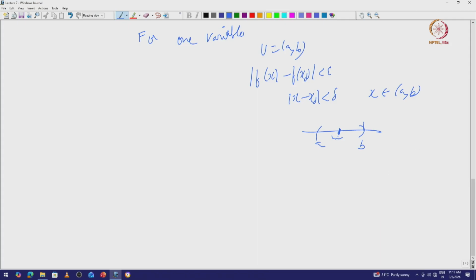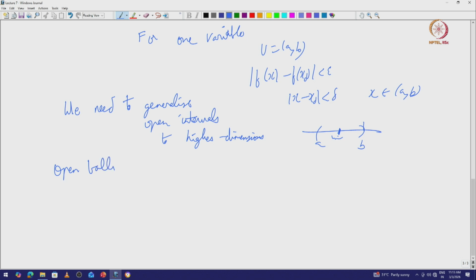So the question is, what is the analog of an open interval in higher dimensions? We need to generalize open intervals to higher dimensions. There is no unique generalization. We can look at open balls or open rectangles.